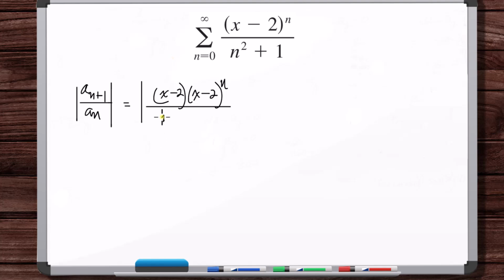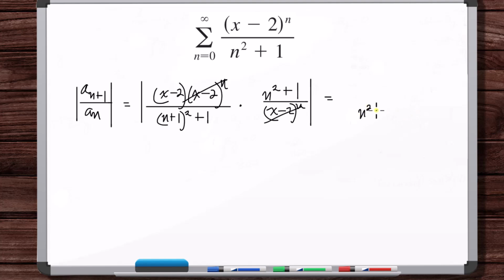So we've got n plus 1 squared plus 1, and now we've got n squared plus 1. So n plus 1 squared plus 1 is n squared plus 2n plus 2.